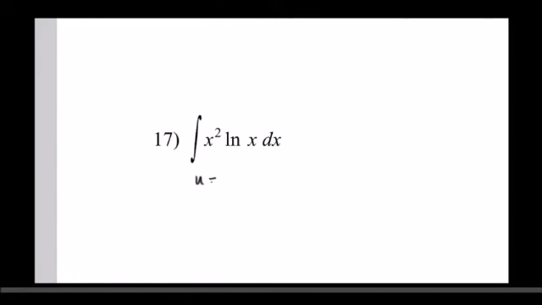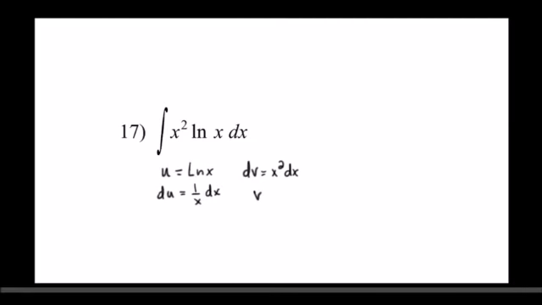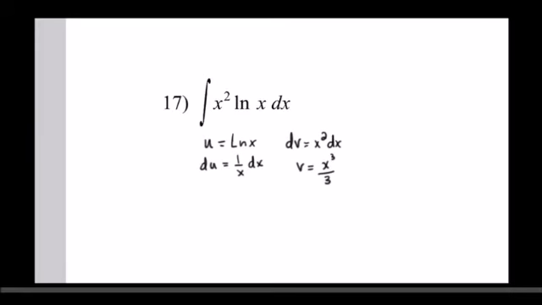So u equals natural log, du is 1 over x. So then the remaining piece there, x squared, is your dv, and then the v is the antiderivative of that, which is x cubed over 3. So we've got all the pieces.